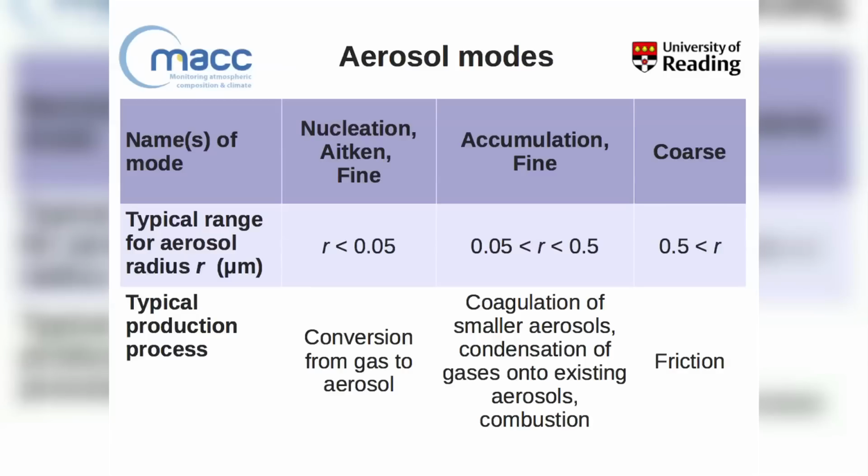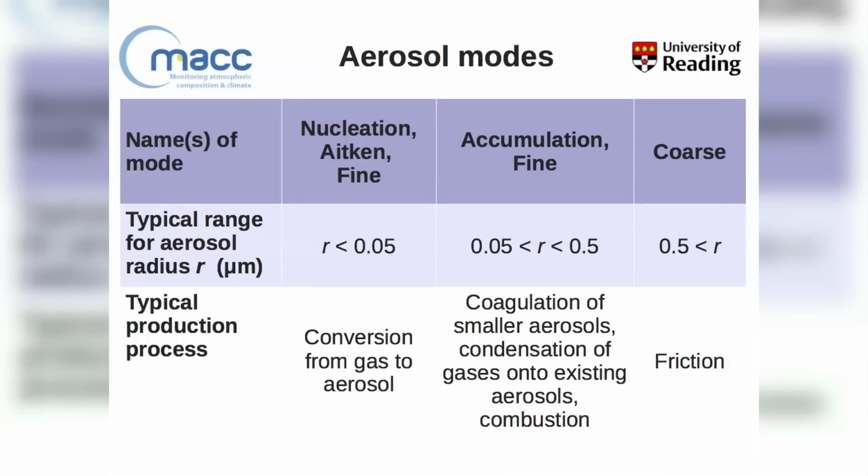So here is a table that shows the conventional way we group aerosols together into modes. There are in general three types of modes that we tend to distinguish. Of course, an actual size distribution could have more modes of different types.